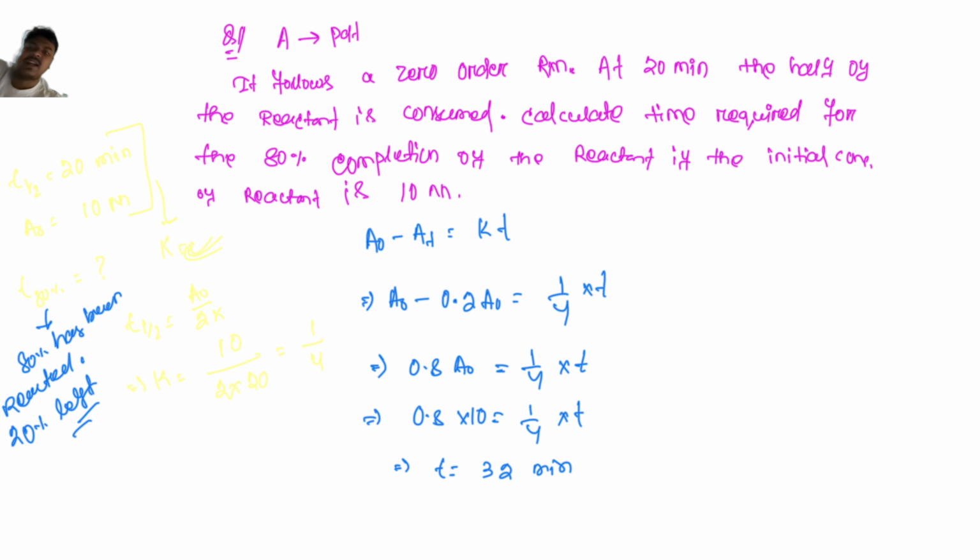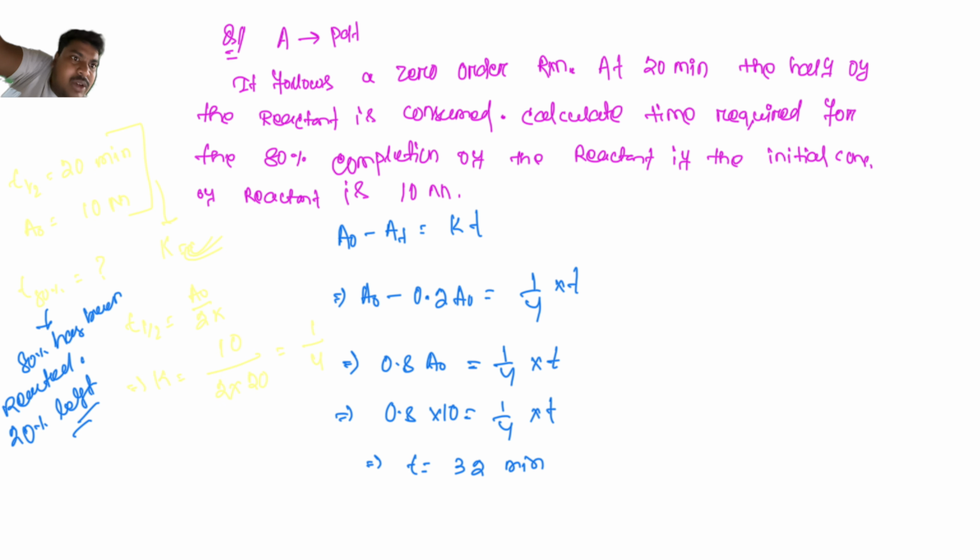So this is the traditional way to solve the numerical for zero order reaction. In an exam, we cannot solve these long processes, so we need to go fast. So we'll try a different way also. Since I mentioned that only the zero order reaction goes for 100% completion, the unitary method is valid for the zero order reaction.